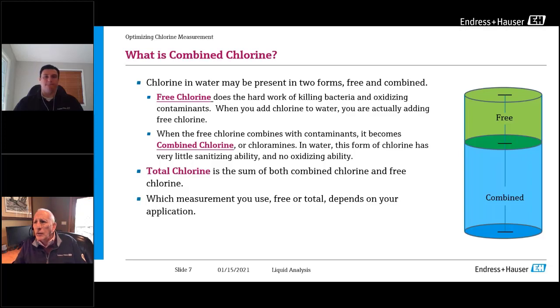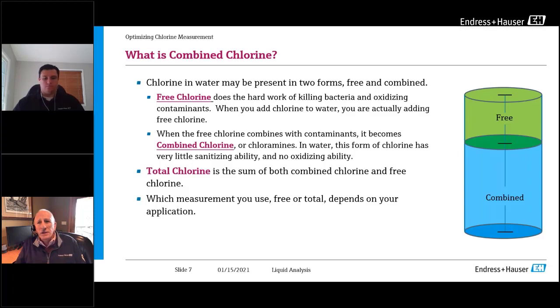So combined chlorine is still a disinfector. It will disinfect just like free chlorine will, although it doesn't have the strong oxidizing capability that free chlorine does. So while your combined chlorine will do some disinfecting, it's still that free chlorine that's present in the water that's doing the majority of the heavy lifting and the sanitation. So you always want to remember that you always want some residual free chlorine left over after you've dosed your chlorine into your water, and that chlorine's combined.